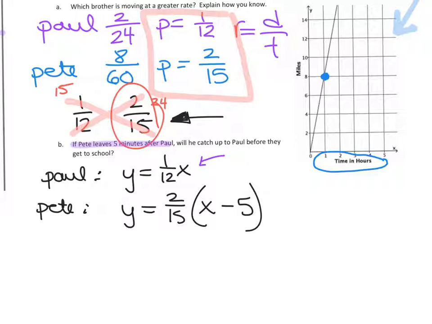When Paul's 3 minutes into his walk, Pete hasn't woken up yet. But when Paul's like 6, 7 minutes into his walk to school, Pete is 5 minutes behind that. So let's rearrange Pete's equation to get rid of this parentheses we've got going on. We're going to use the distributive property.